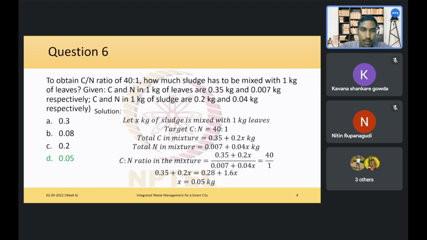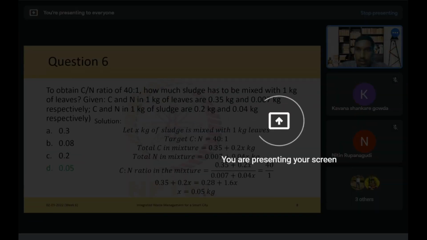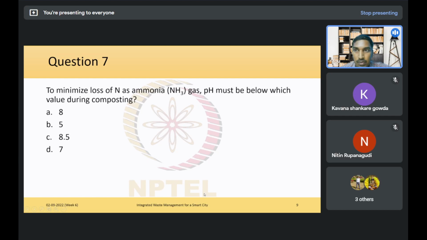So question 7 is, to minimize the loss of nitrogen as ammonia gas NH3, pH must be below which value during composting? The options are 8, 5, 8.5, and 7. So during composting, the pH varies, right?